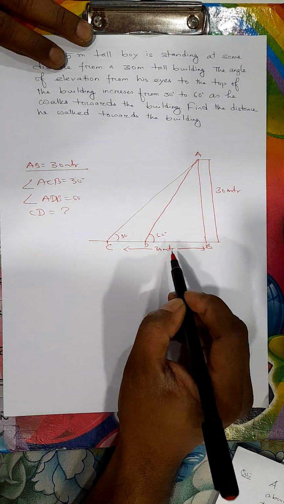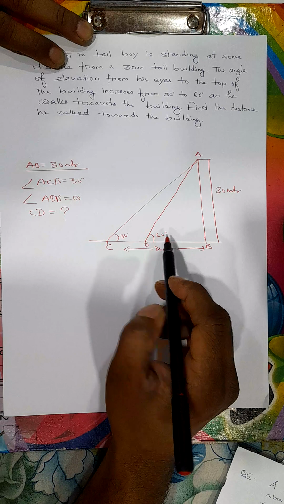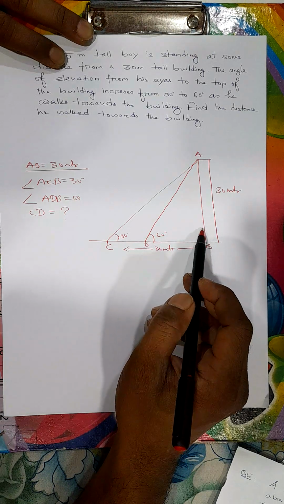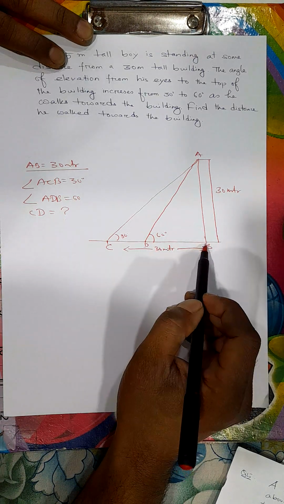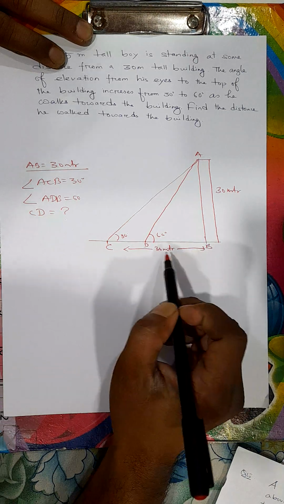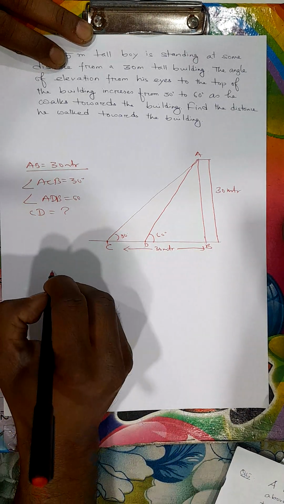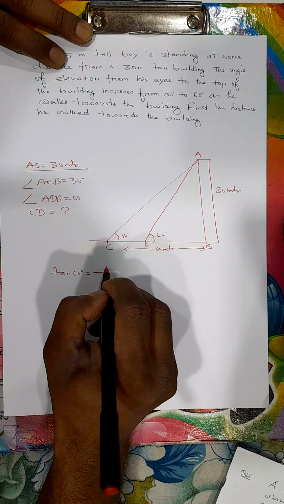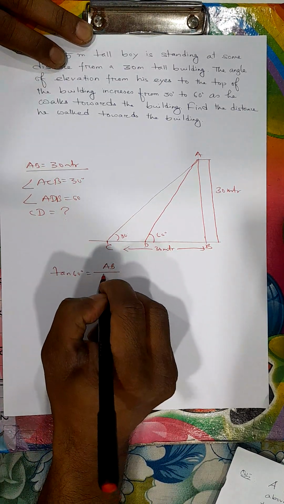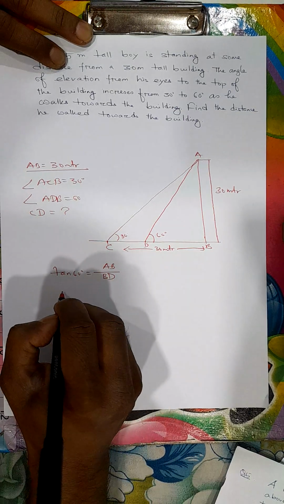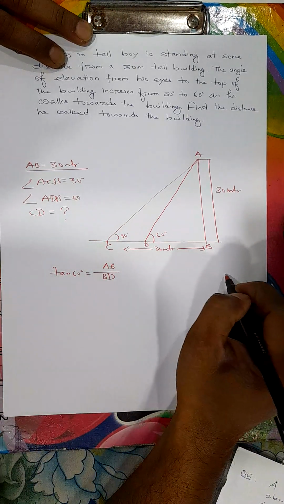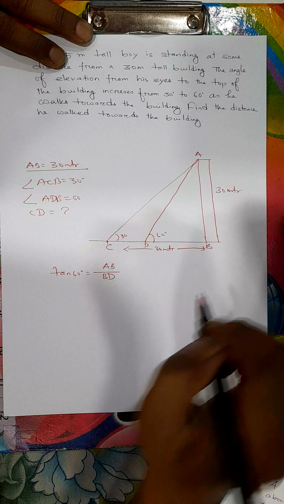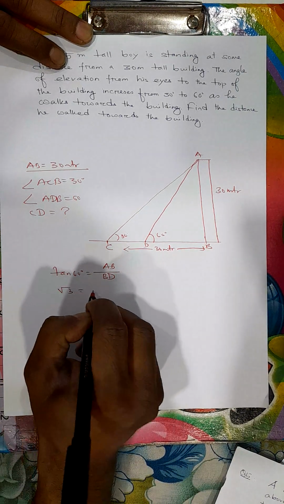Now let us use trigonometric ratios. You are given AB, so you can find out BD. Tan 60 degree equal to opposite by adjacent, AB by BD. Sin 60 degree is root 3 by 2, cos 60 degree is half, so tan 60 degree is square root of 3.